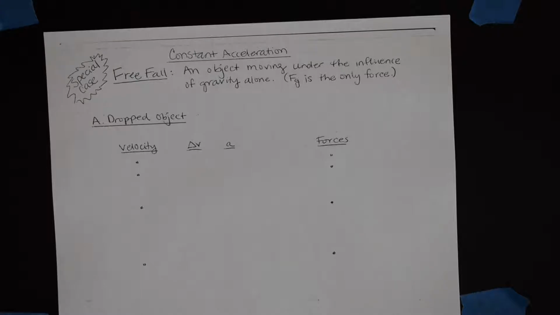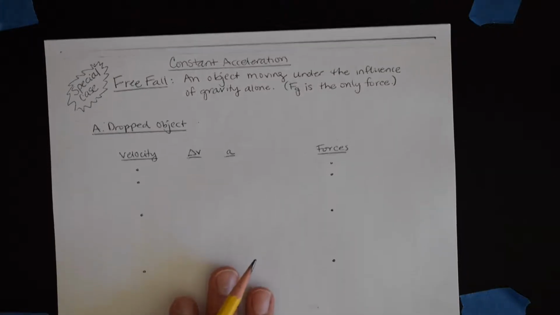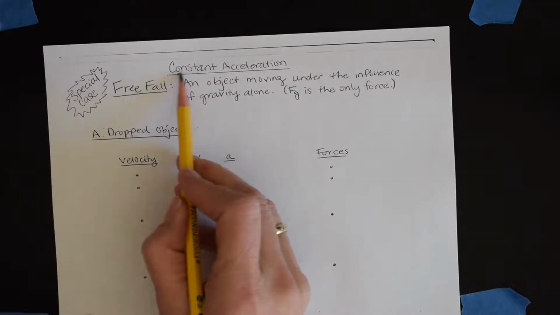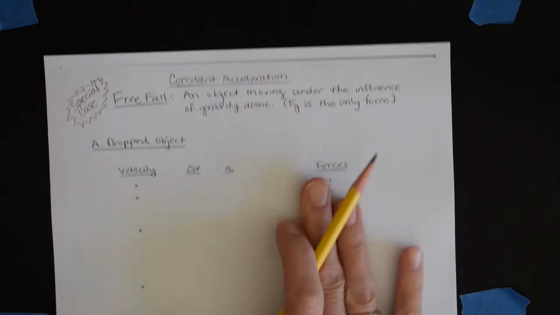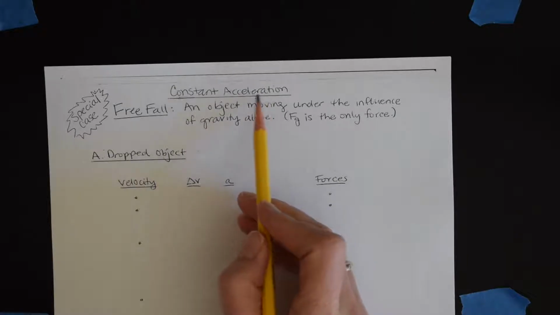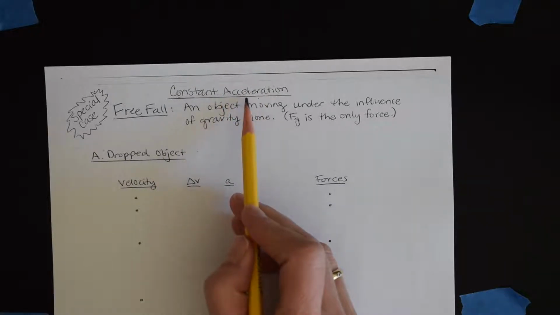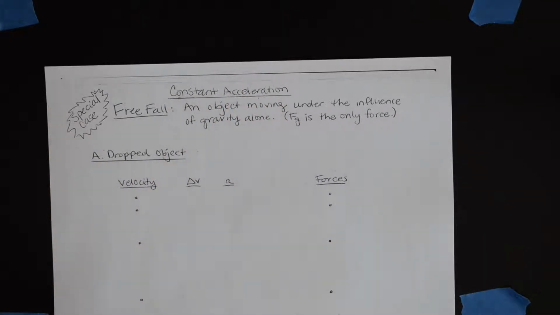We finished class with some notes on a very special case of constant acceleration. So the cart on the ramp, the cart up and down the ramp, it had constant acceleration, but it had a constant acceleration of -1 meter per second squared.